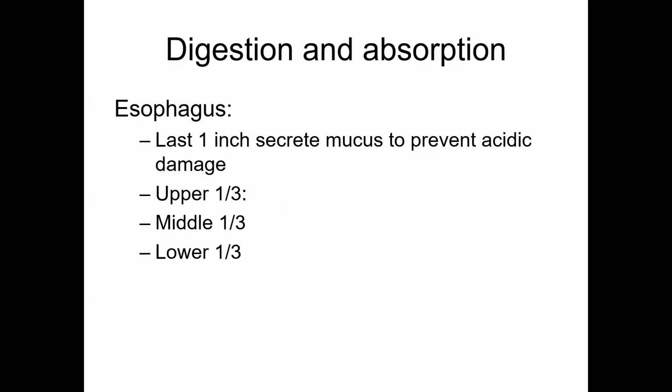How about the esophagus? It's pretty long. If we divide it into upper, middle and lower parts, the last inch of the lower part will penetrate the diaphragm and connect to the stomach in the abdominal cavity. The esophagus is mostly a path for food particles.